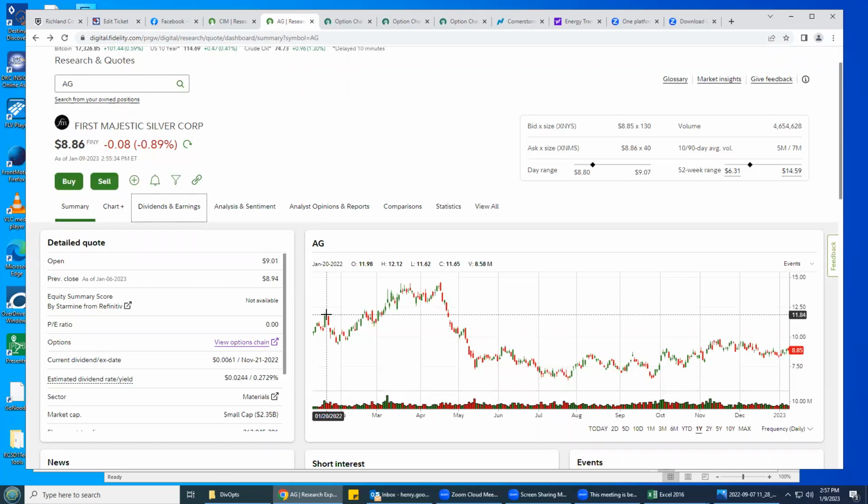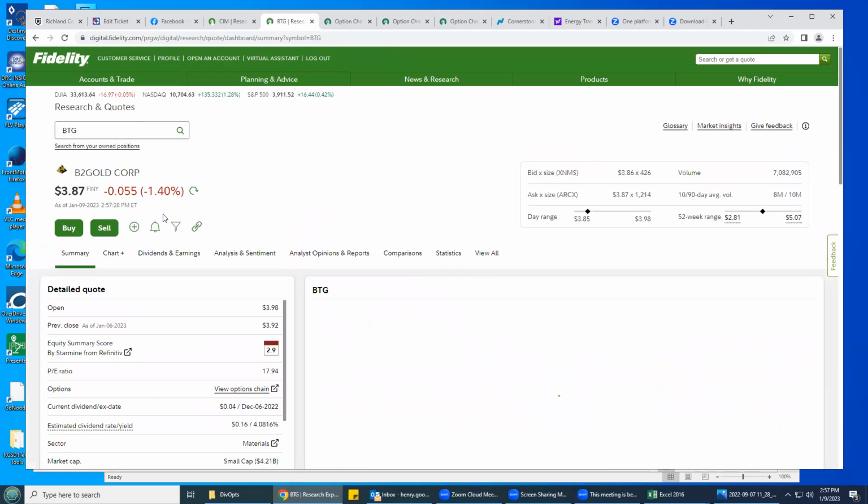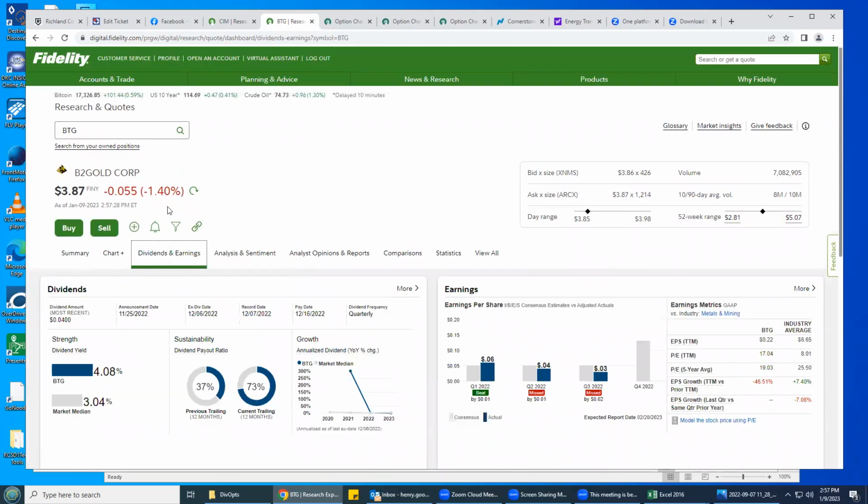The other one was maybe RG. BTG maybe. The chart looks good, though that's a 1-year chart.